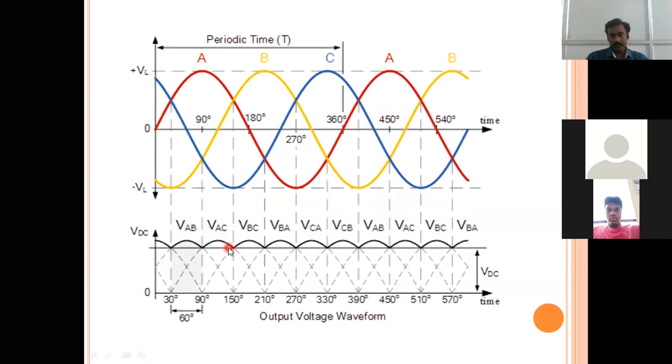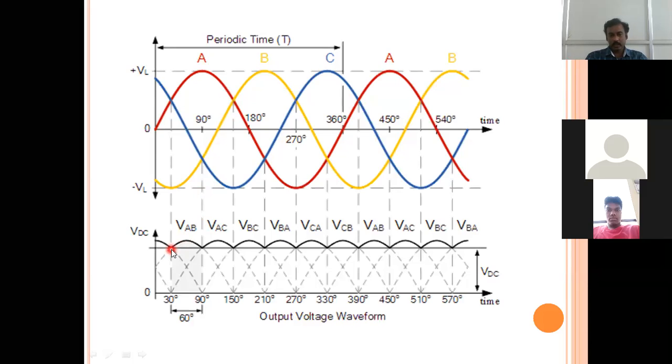You can observe this here. This is the supply voltage waveform. In this supply voltage waveform, the conduction for D1 is from this point to this point, that is from 30 to 150. Conduction for phase B is 150 to 270, and phase C is from 270 to 390. If D1 comes into conduction, then what will happen with D3 and D4?